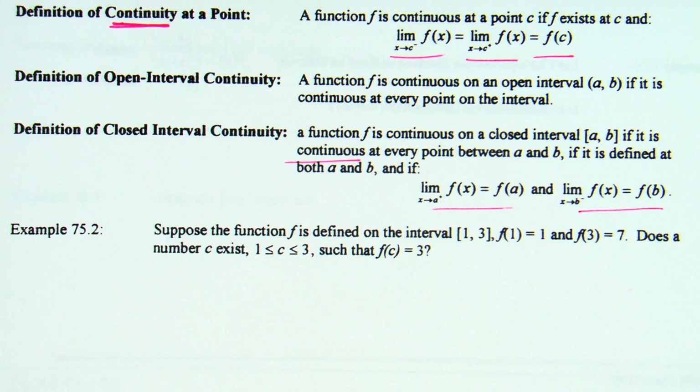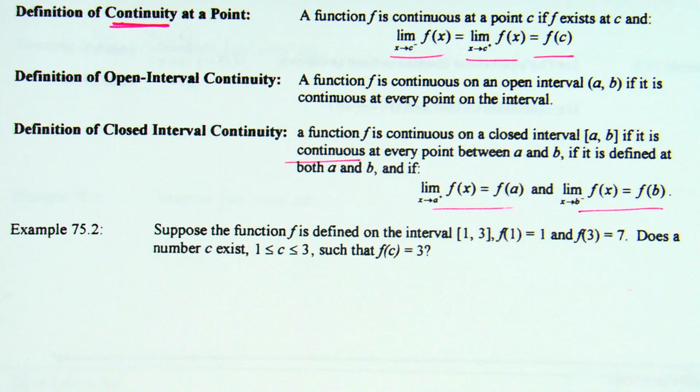No. Such that f of c, oh, I messed this one up, didn't I? It was 1, 1. That makes more sense. So is it possible that there would be a value at 3? It could. This would be a perfect intermediate value theorem if they stated continuous.